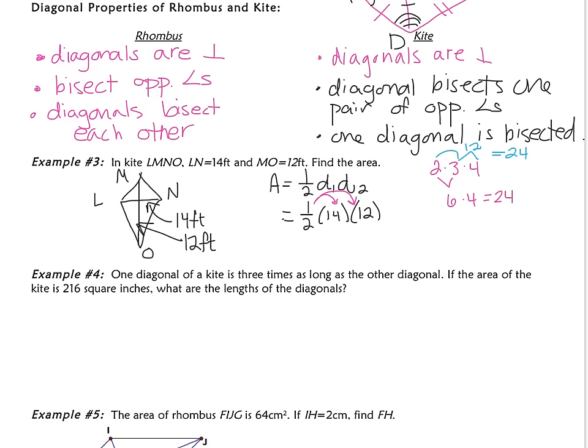I wouldn't do 2 times 3 and get 6, and then 2 times 4 and get 8, and 6 times 8 is 48. That's too much. So we're going to do the same thing here. You're going to take half of either 14 or 12. Half of 14 is 7, and then multiply by 12, giving me my answer: the area is 84 feet squared.